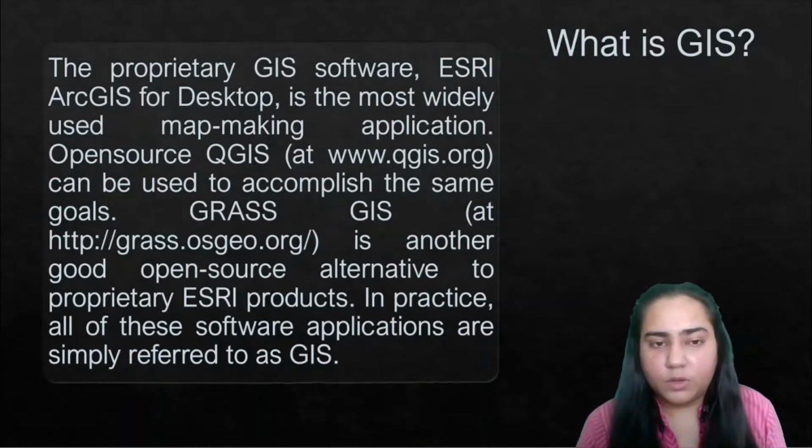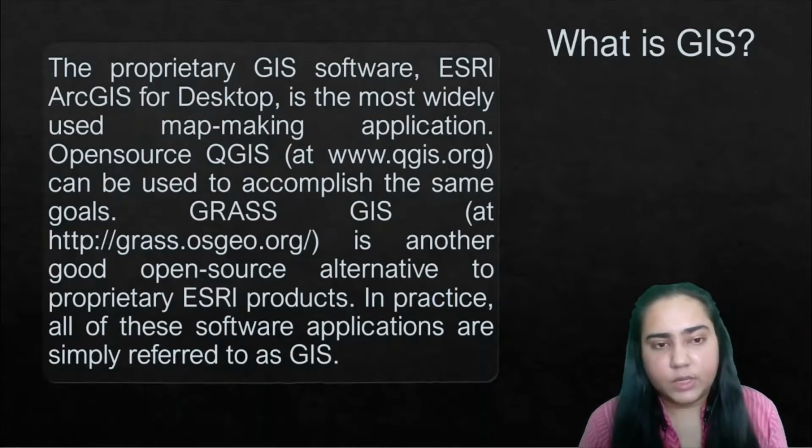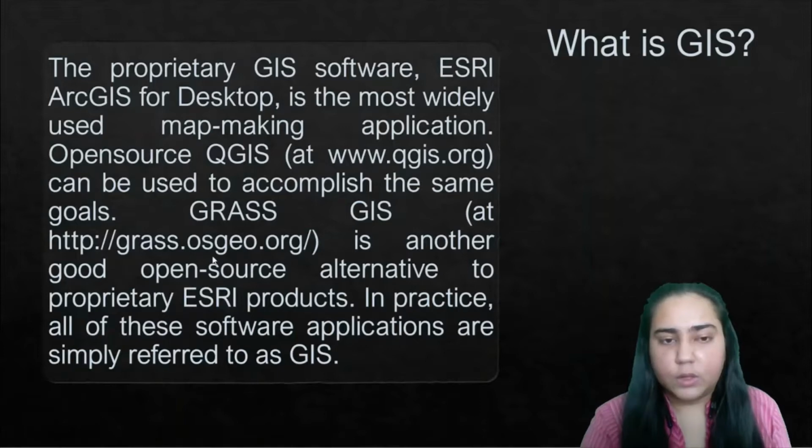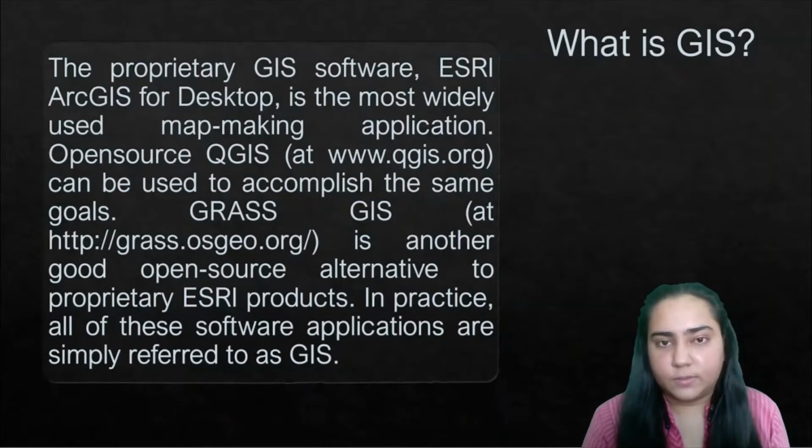And there's another one which is called GRASS GIS, which is available at grass.osgeo.org. And that's another open source alternative to ESRI products, for which you have to pay. So in practice, all of these software applications are simply referred to as GIS.